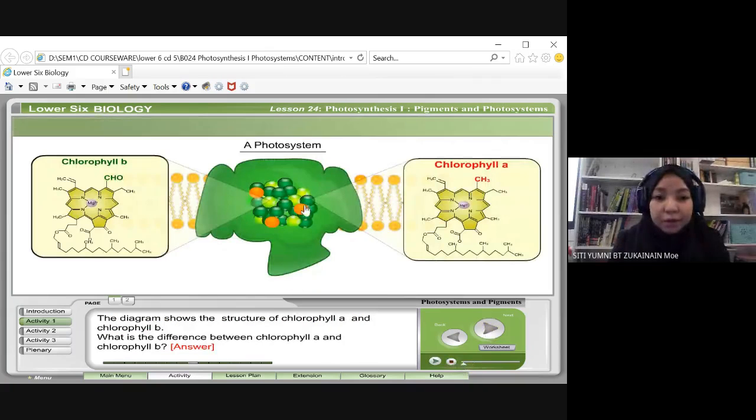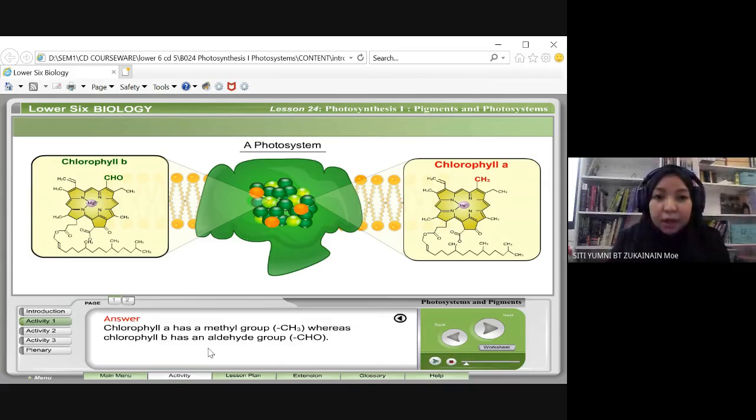This diagram shows the structure of chlorophyll A and chlorophyll B. What is the difference between chlorophyll A and B? Chlorophyll B has an aldehyde group, while chlorophyll A has a methyl group.